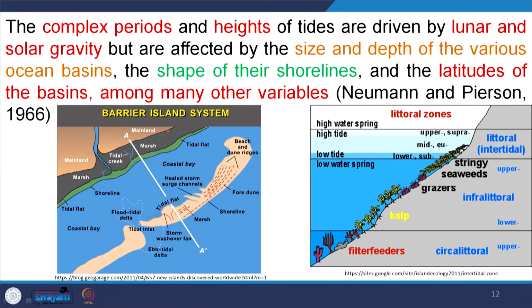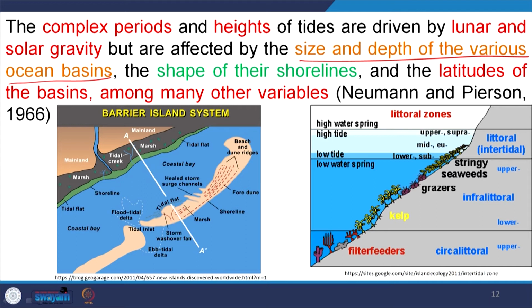The complex period and height of tides are driven by lunar and solar gravity, but are affected by the size and depth of various ocean basins. Shallow oceans affect differently as compared to the deeper parts of the ocean.